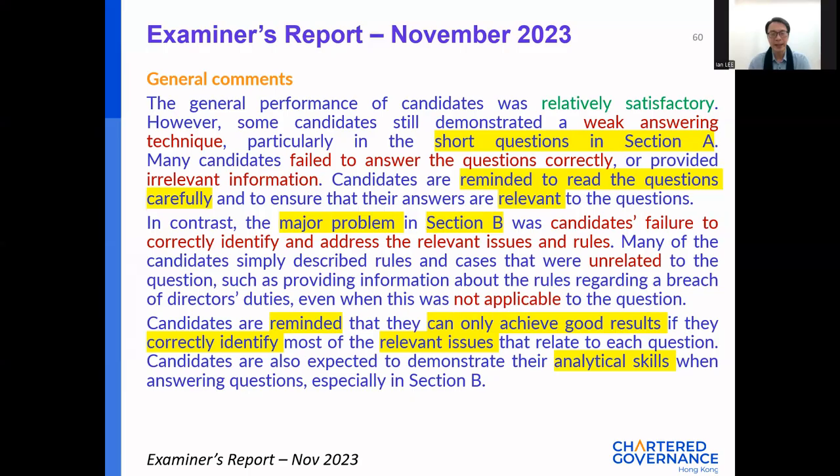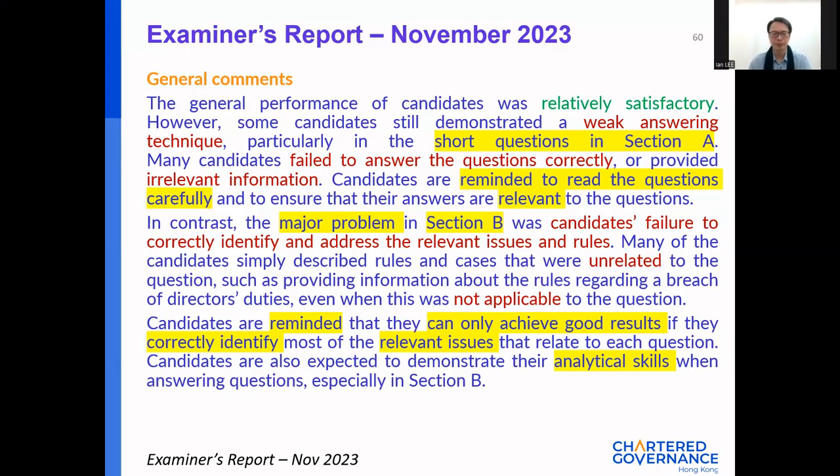Generally speaking, I would guess probably not. So if you find yourself using the same rules and talk about the same issues and topics for many questions in section B, there must be something wrong. So that's why take a bit more time, look at the relevant issues before you decide which of the rules is relevant.